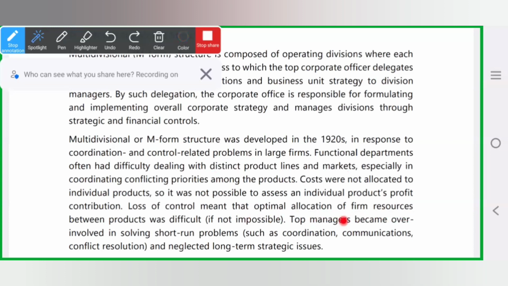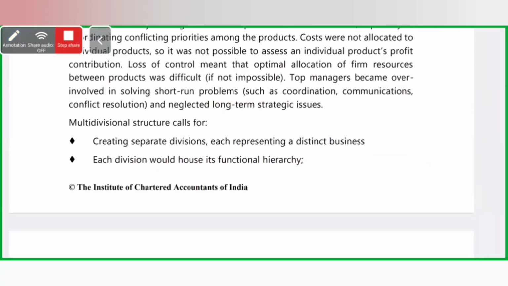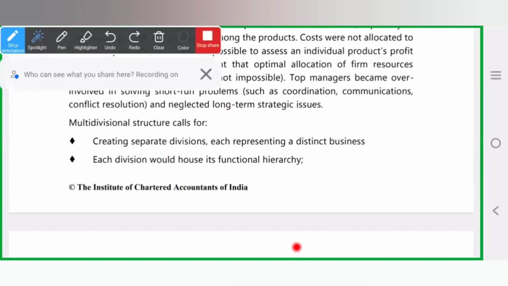So top managers became over-involved in solving short-run small problems, that is coordination, communication, and conflict resolution, and the long-term goal, the industry vision or the company's strategic issues, were neglected and ignored because they were more involved in short-term micromanagement things. So the multi-divisional structure calls for creating separate divisions, each representing a distinct business.